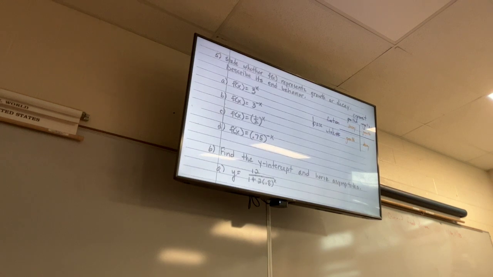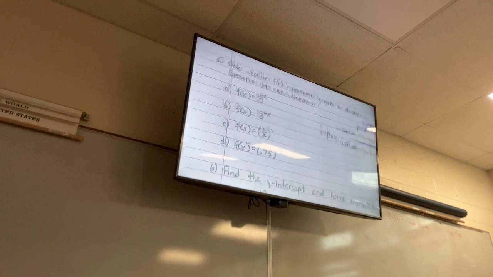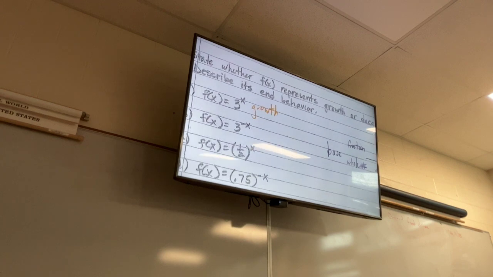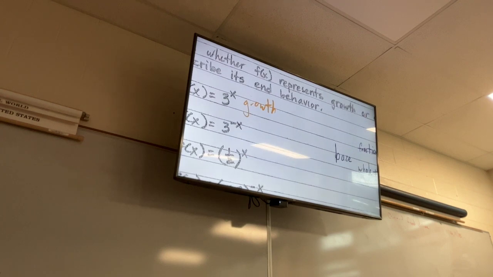All right. So 3 to the x then, which case is this? The base is what? Whole number. The exponent is what? Positive. So whole number, positive, is going to be a growth. So what does that mean then? If there's exponential growth going on, what does that mean? 2 things.